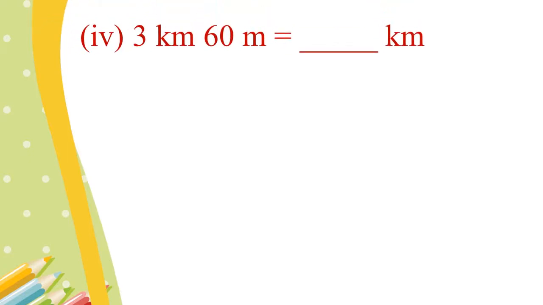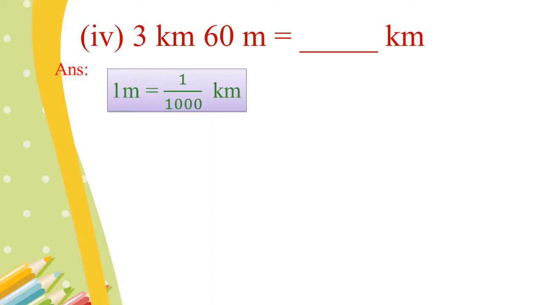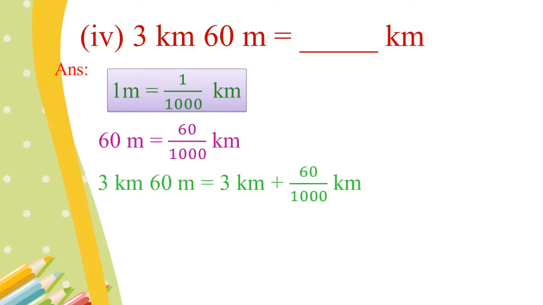The fourth problem, 3 kilometer 60 meter equal to dash kilometer. So we already know 1 meter equal to 1 by 1000 kilometer. That is 60 meter equal to 60 by 1000 kilometer. 3 kilometer 60 meter can be written as 3 kilometer plus 60 by 1000 kilometer. Here 0 will be cancelled.